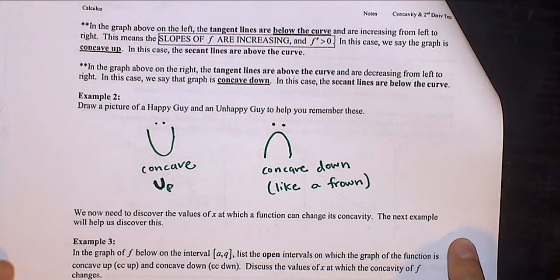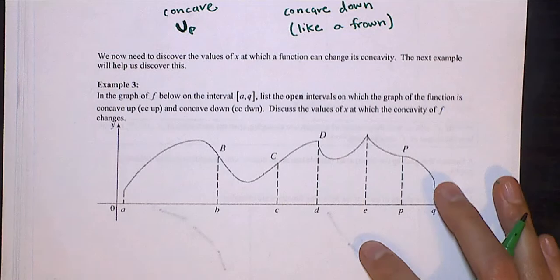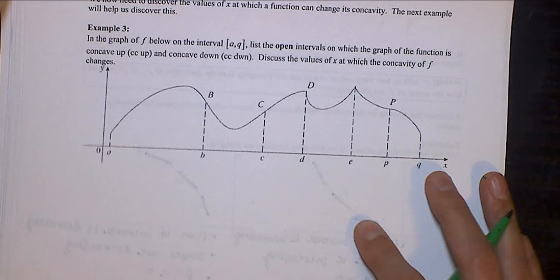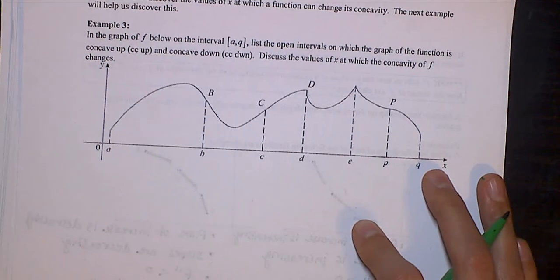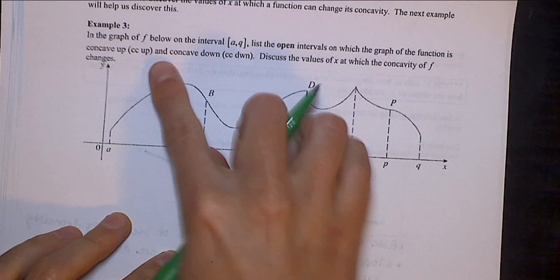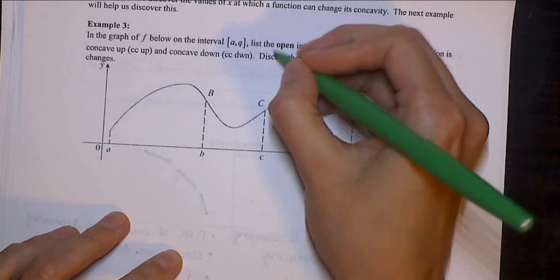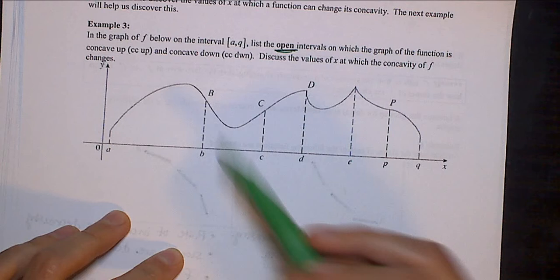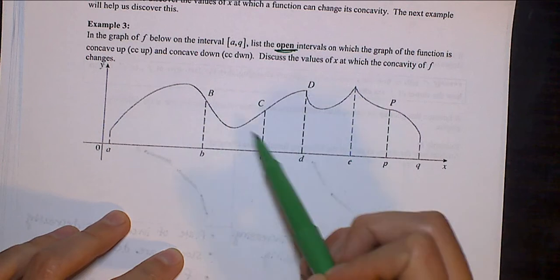Okay. So this picture down here is just going to help us practice identifying where the graph is concave up and where the graph is concave down. So we're supposed to list the open intervals. Concavity happens on open intervals, basically because the point where the graph changes from concave up to concave down has no concavity.